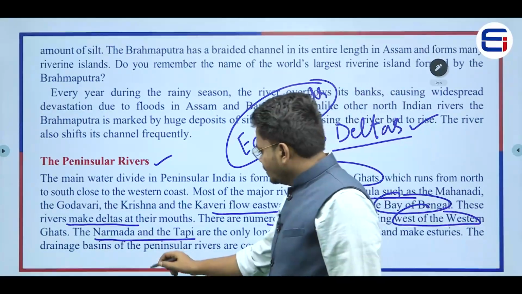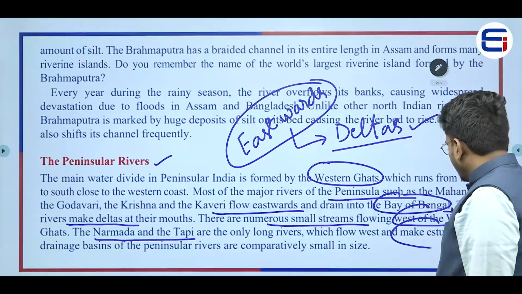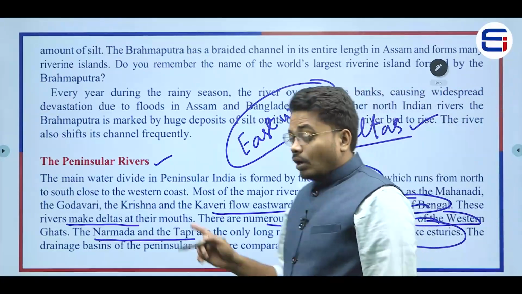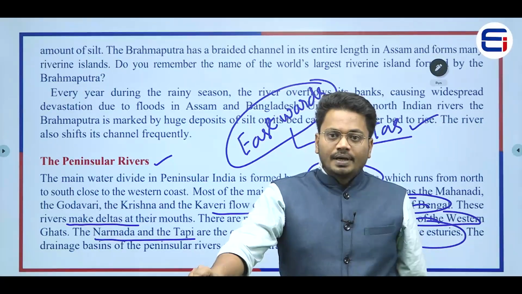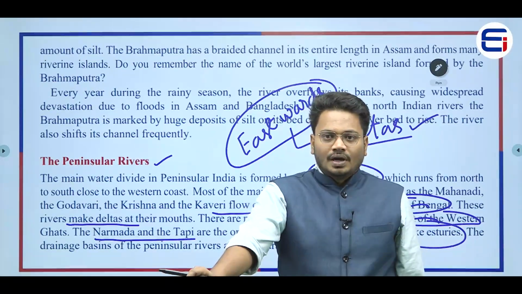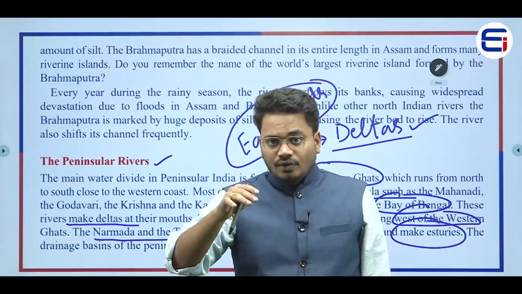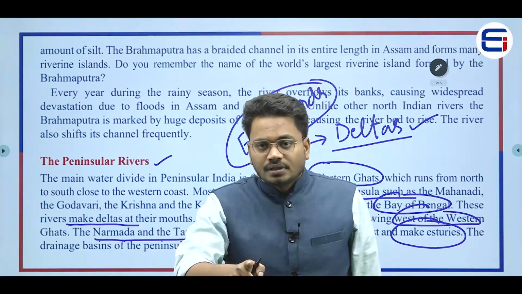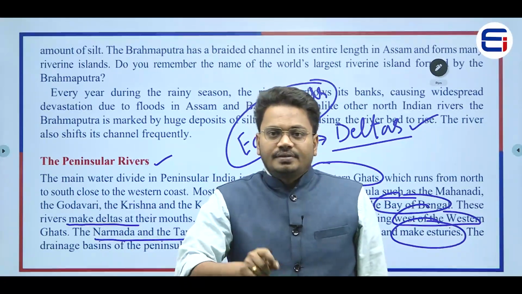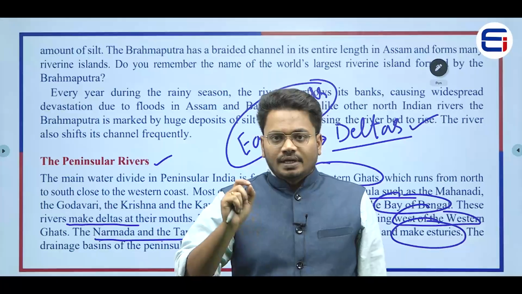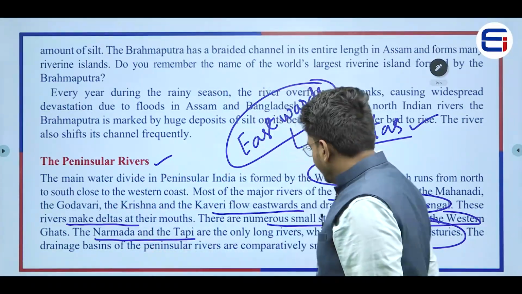Narmada and Tapi rivers form estuaries. Are you getting my point? The rivers flowing east form deltas, and those flowing west form estuaries at the point of confluence of the river with the sea.